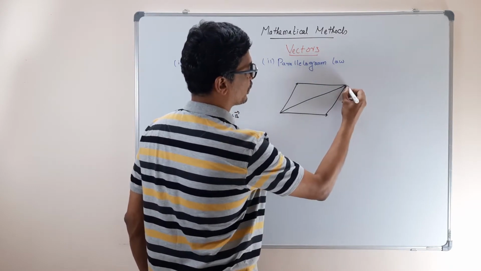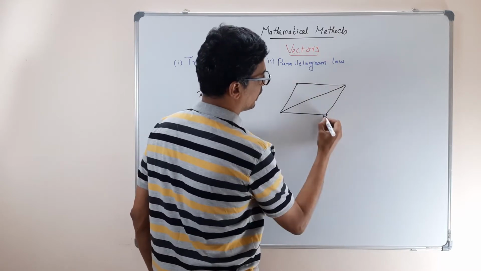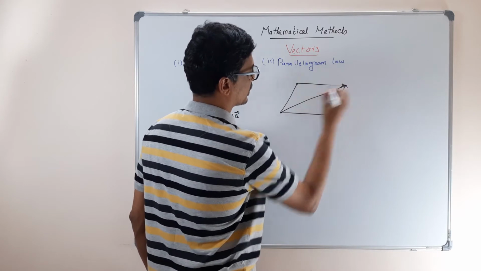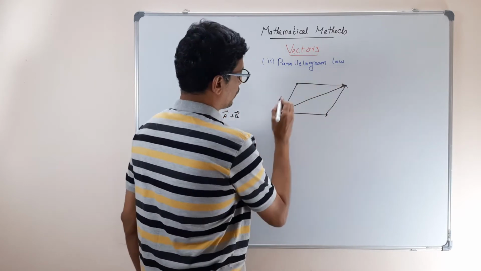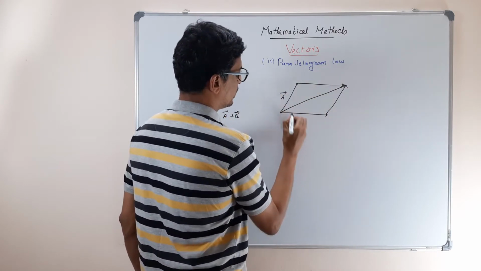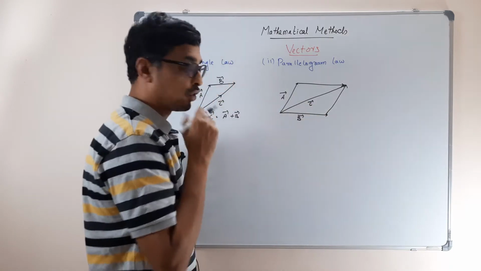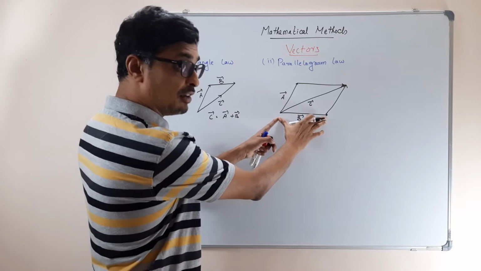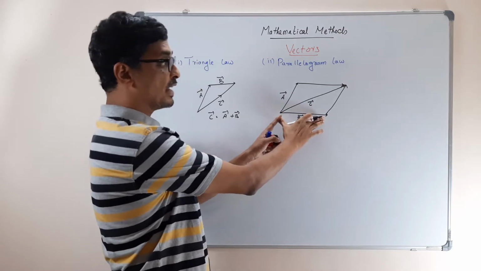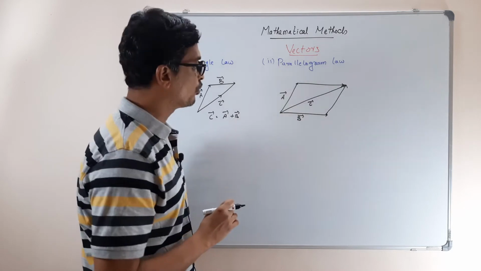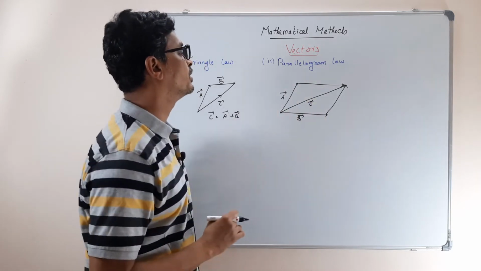So this is a vector and this is a vector. Let us call this A vector, B vector, and this is the C vector. Remember, we are representing not just the direction but also the magnitude. Magnitude is the length of the vector line. The length of this ray defines the magnitude of the vector.